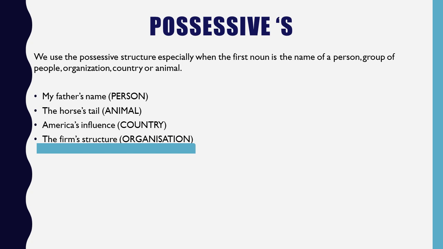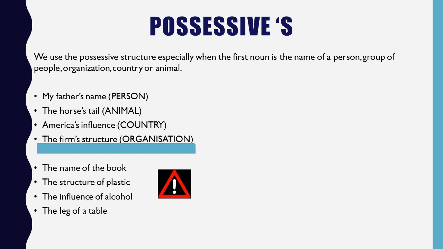When we talk about a country, we can say America's influence, or when we talk about an organization, we can say the firm's structure. But be careful because sometimes we may need a different structure to talk about possession, especially when we refer to objects, parts of objects, or abstract nouns, ideas, for example.